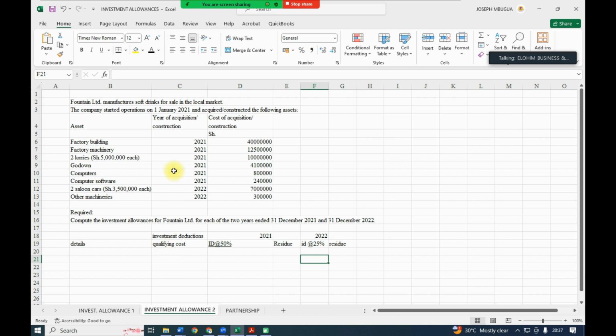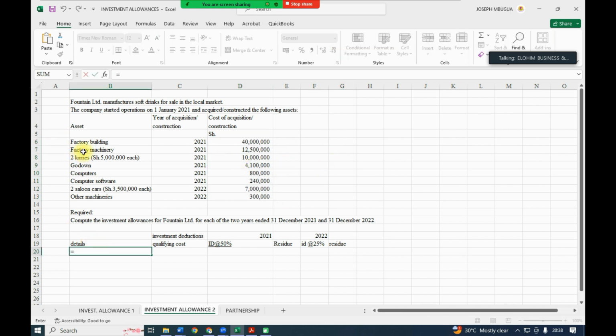So the items here are qualifying, we don't have any additional information to explain a lot of things. Let me separate these using the 1000 separator to become easier. The first thing we have is the factory building. Factory building normally qualifies for investment deduction at 50%. Our qualifying cost is the cost that we have been given.